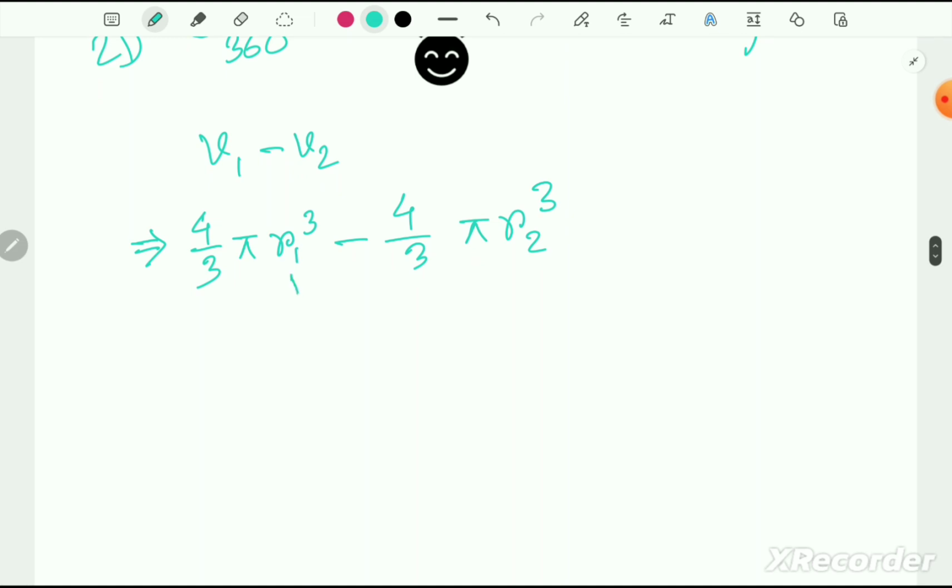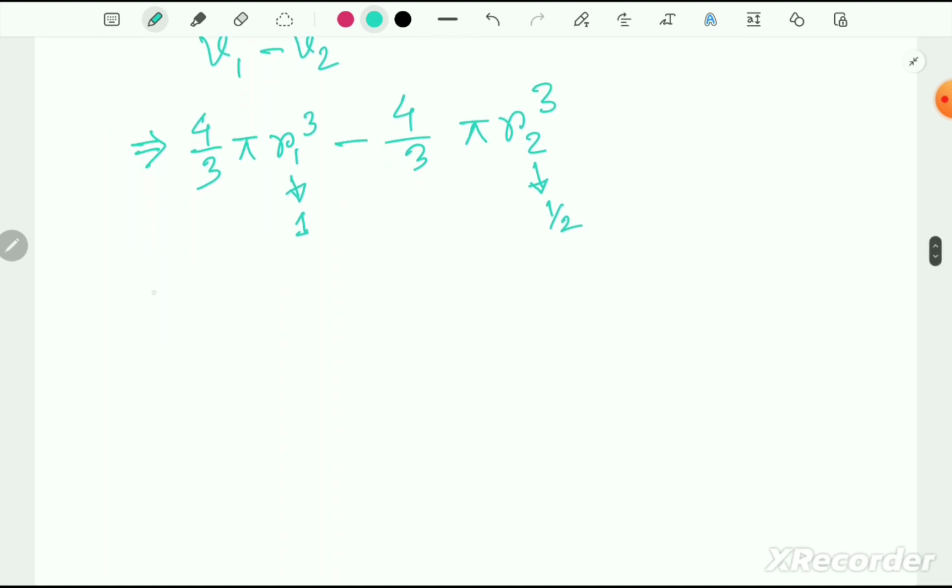R1 is given here as 1, R2 is half. Therefore we can calculate like this: 4/3 pi, R1 cube minus 1/2 cube. I just input the values.